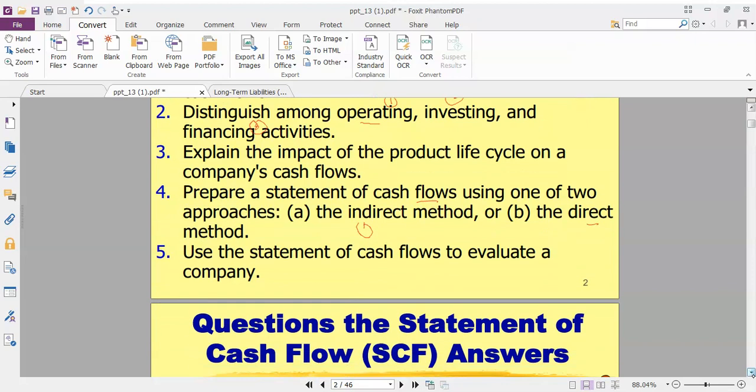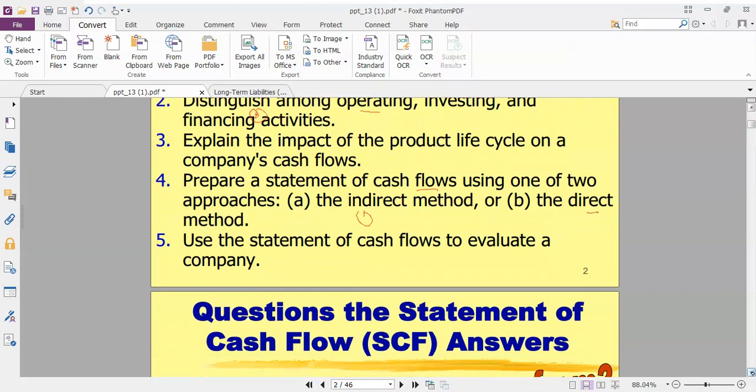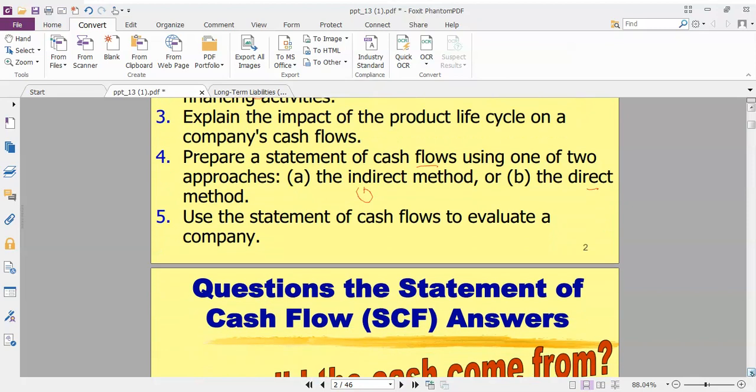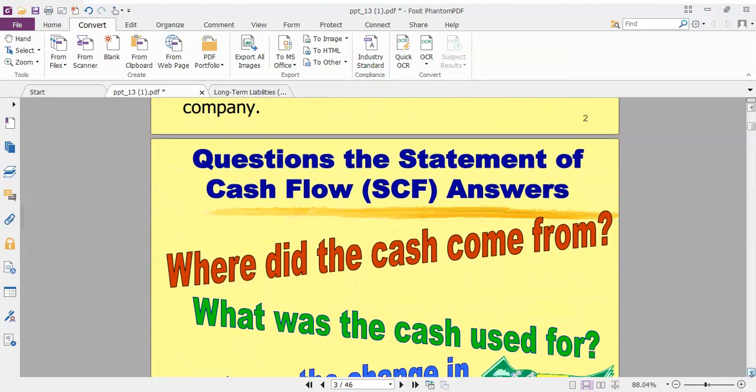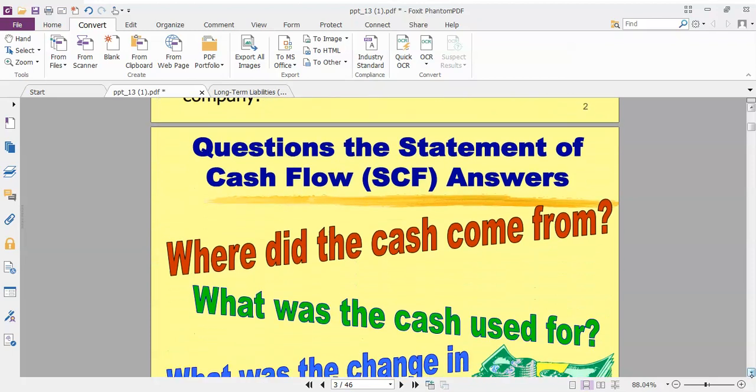With the cash flow statements, we can know whether the company is efficient or not, using the cash flow, whether the company is using its resources effectively or not. So what are the questions regarding the statement of cash flow?